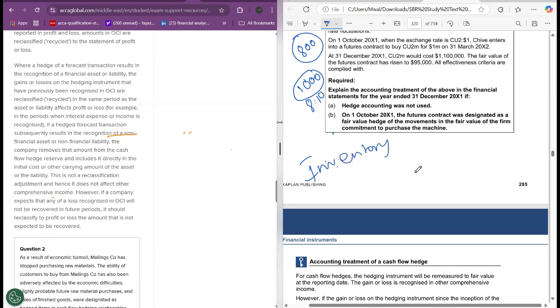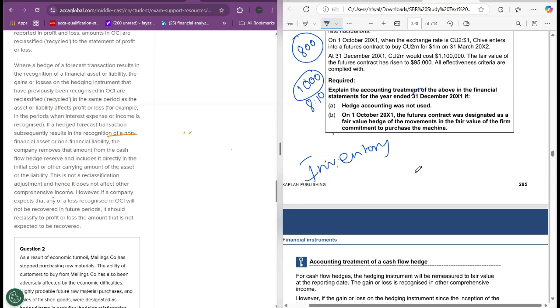Initially it was just going to be a normal cash flow transaction, not associated to an asset item. But now we realize that no, it is an inventory item. So we simply recognize the gains and losses from that hedging instrument, which go in the cash flow hedge reserve in the balance sheet.